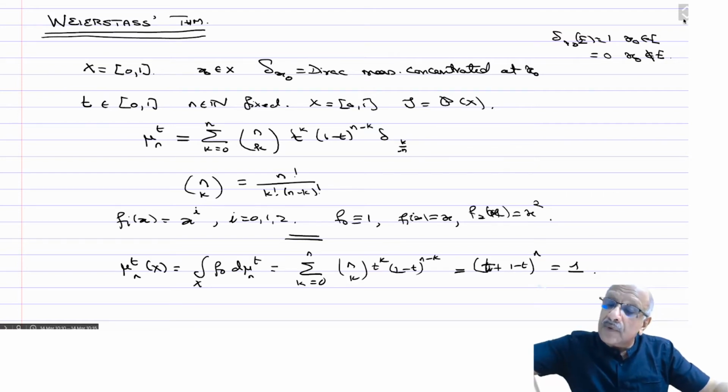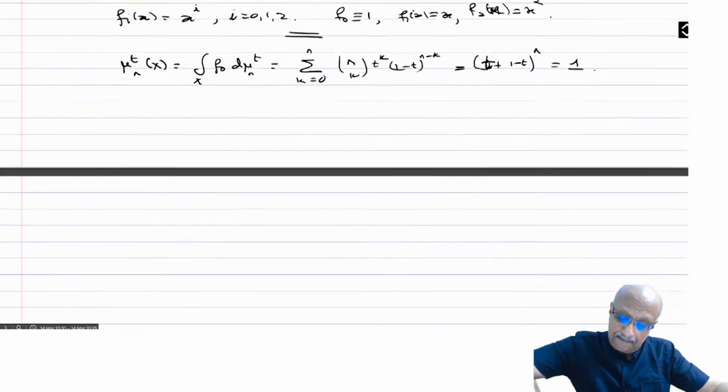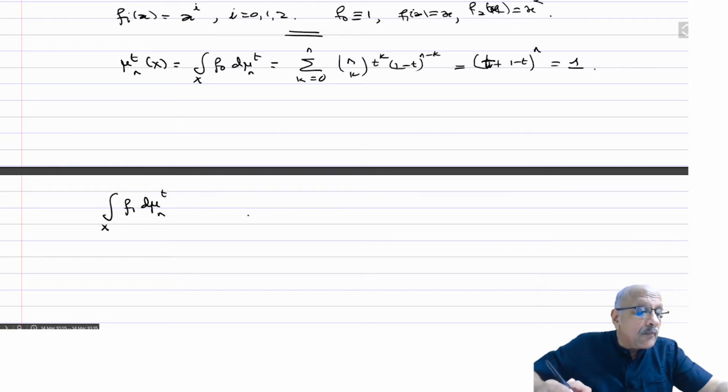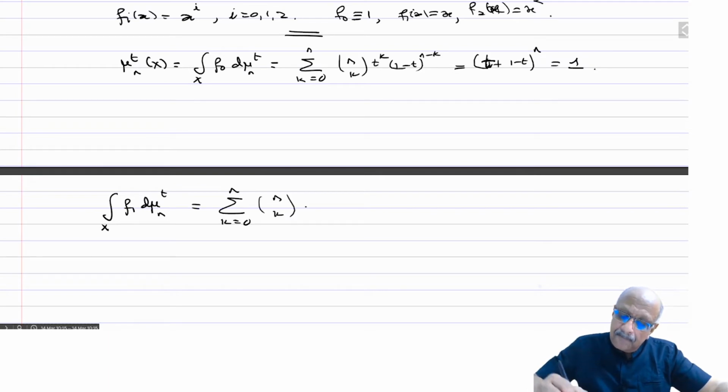Now let's compute the integral of f1 d mu n t. So this is equal to the sum from k equals 0 to n of nCk t power k (1 minus t) power n minus k into delta k by n.